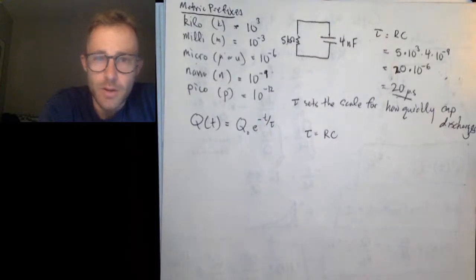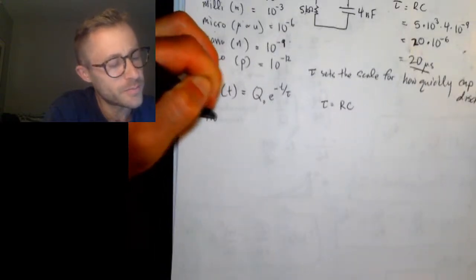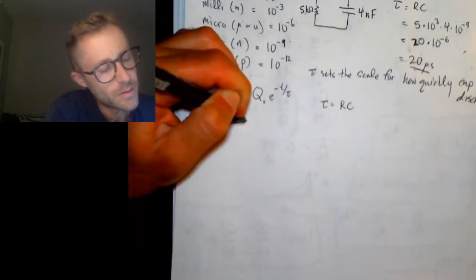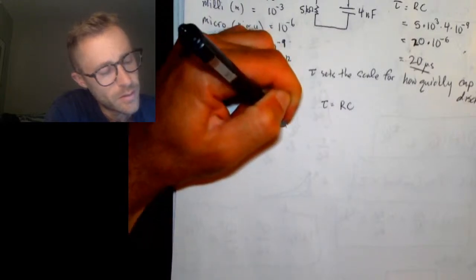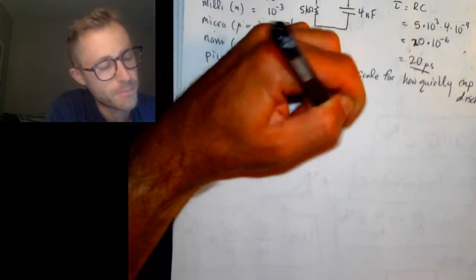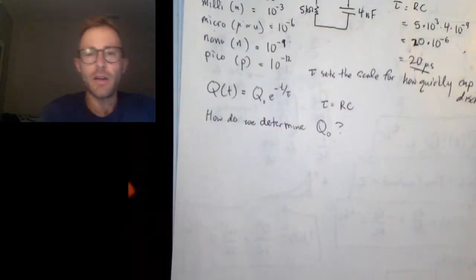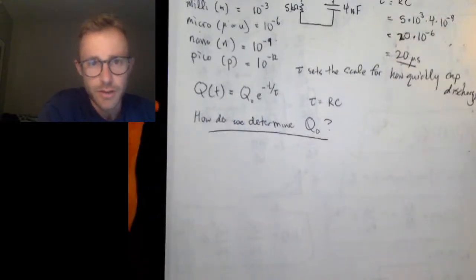But the question now is, how do we determine Q naught? How do we determine what the initial charge on the capacitor is?